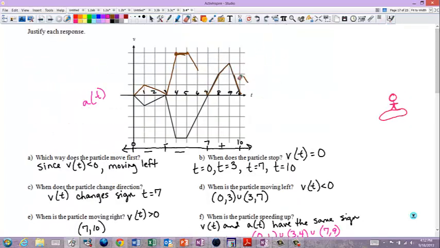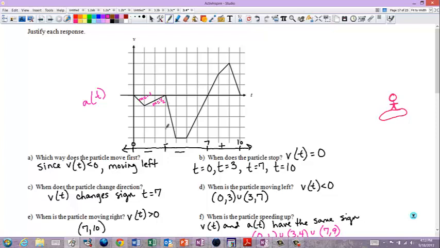Darn it, I erased my numbers again. Okay, the acceleration is the derivative of velocity. So that's the slope. So this is down 1 over 1. So I'm going to just put my little slopes on here. This is m is negative 1. Right here, m is up 1 over 2, m is 1 half.